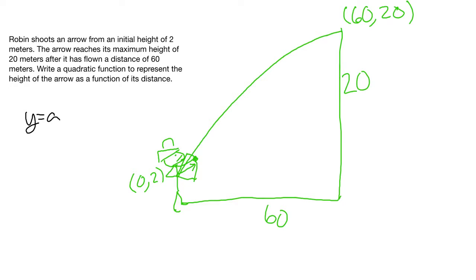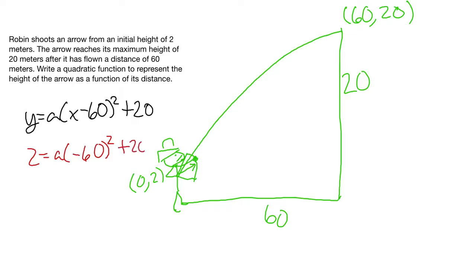y equals a times (x minus 60) squared plus 20. So I plug in my values. 2 equals a times (0 minus 60, which is negative 60) squared plus 20. Negative 60 squared is 3,600.